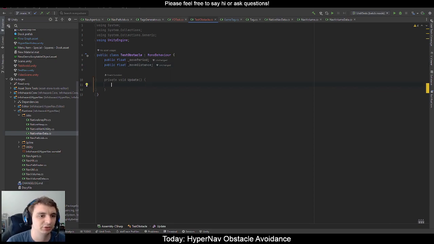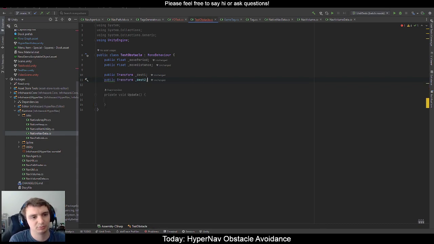And I'm actually not going to use a sine. I'm just going to, and then we need 2 transforms. Oh, we don't actually need this move distance now because these define the distance that we're going to move.